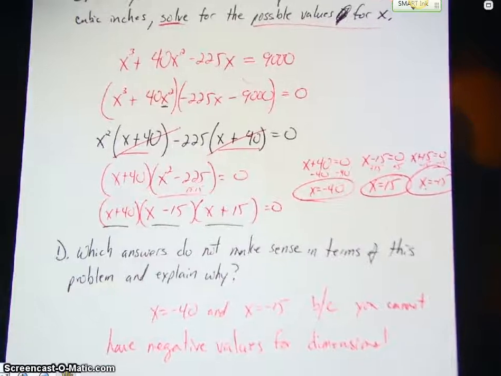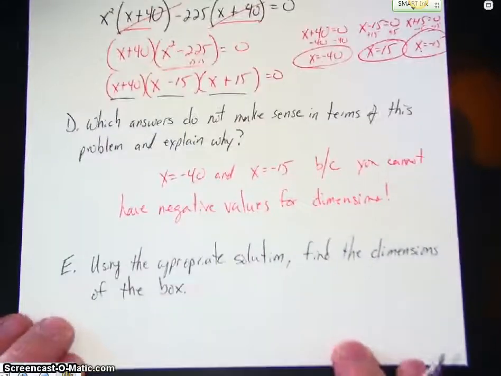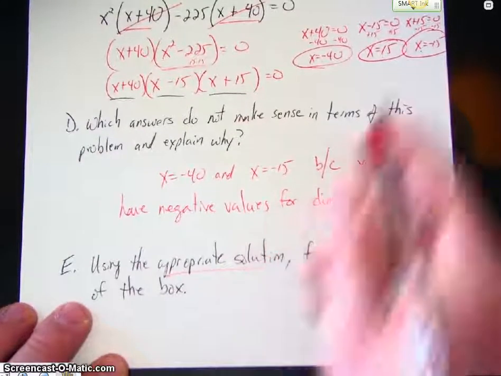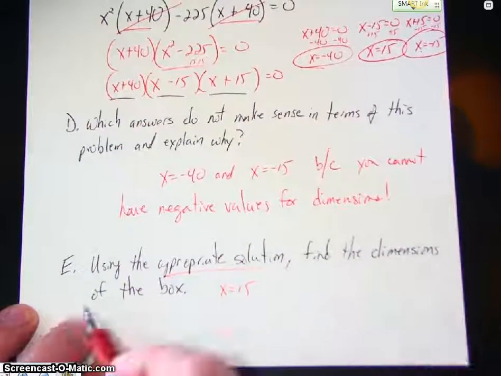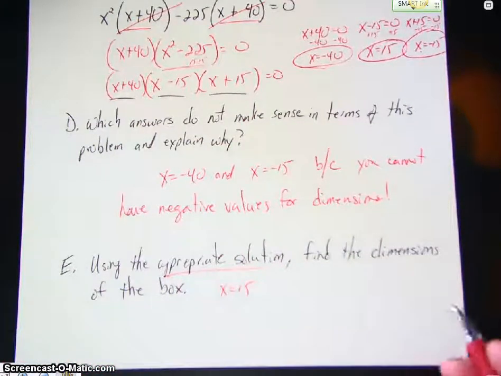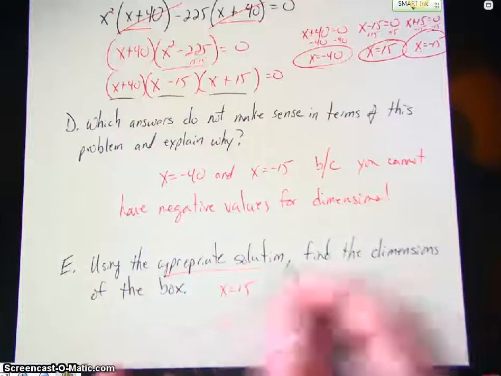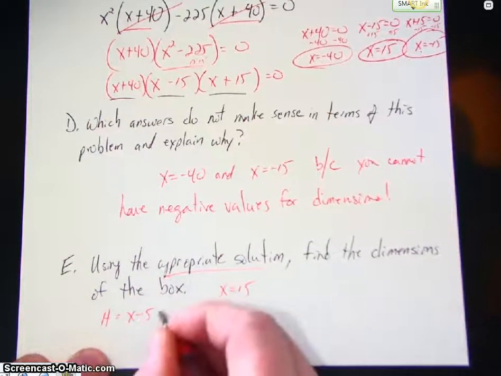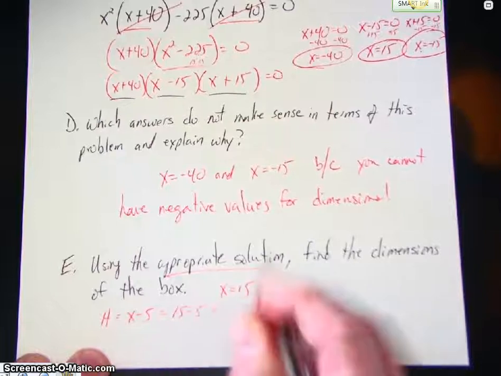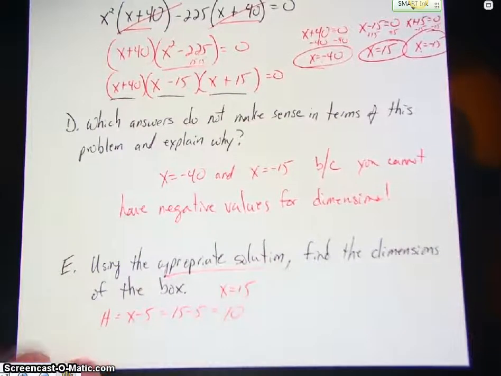So, using the appropriate solution, part E, the appropriate solution is our one with the positive answer, x equals 15. So the dimensions of the box, well, if you go back to the very first problem, part A, we know the height is x minus 5. So that means it's 15 minus 5, so the actual height is 10.